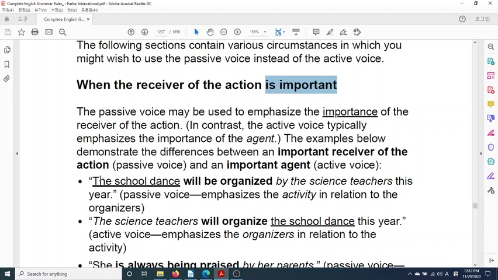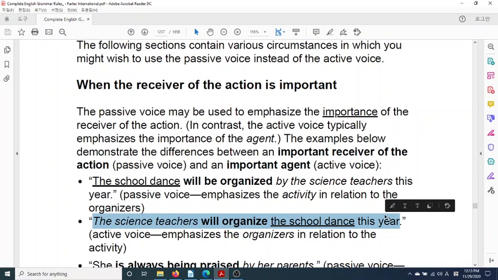So, the school dance will be organized by the science teachers this year. This structure is saying that the dance is more important than the science teachers. So if that's the emphasis you want, then passive voice makes sense here. The science teachers will organize the school dance this year.